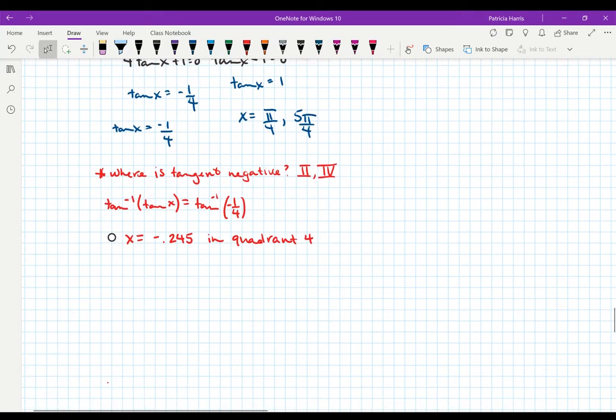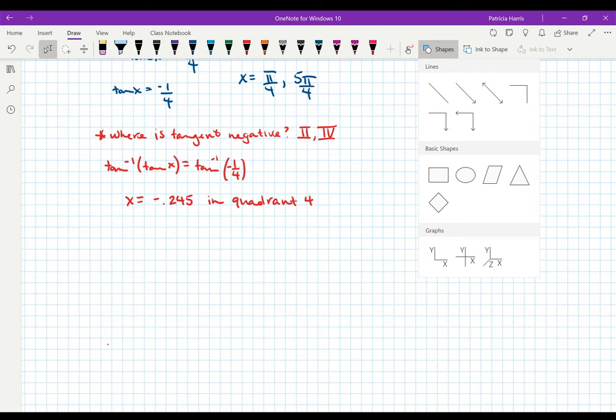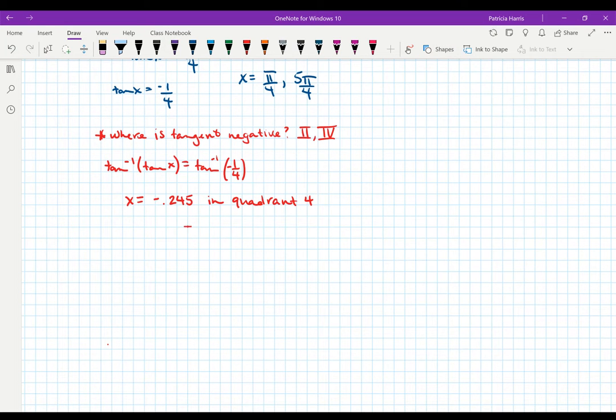Okay, so now that's that angle. So I know that the other angle appears in quadrant 2.